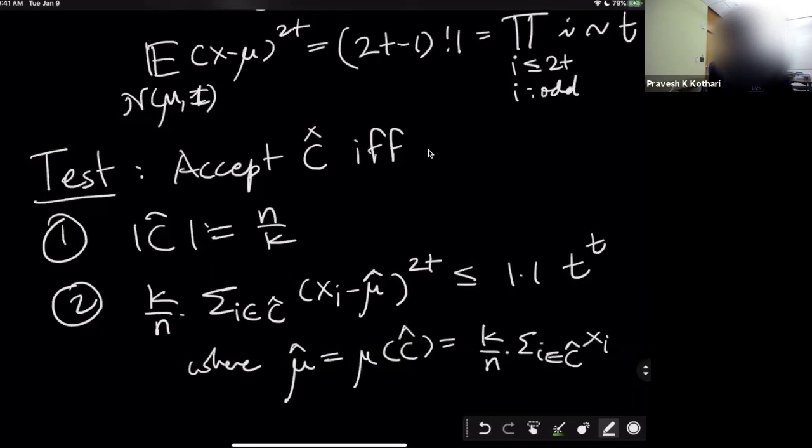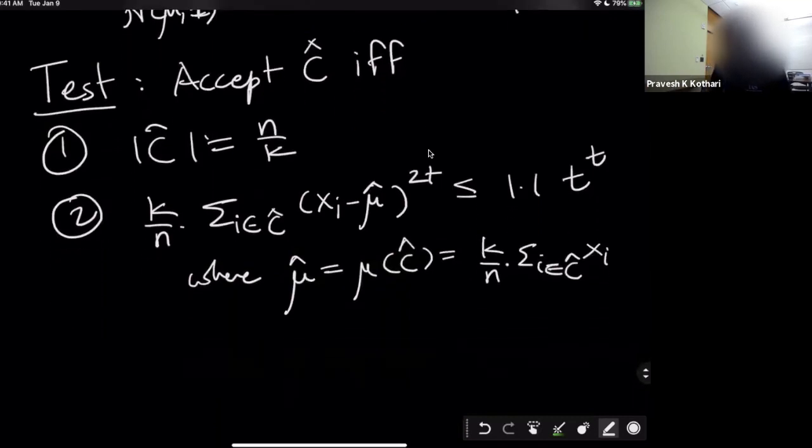Good, makes sense. And so it's not much of a surprise that if I choose large enough samples, then the true clusters will satisfy this. Let's quickly note that before moving on.